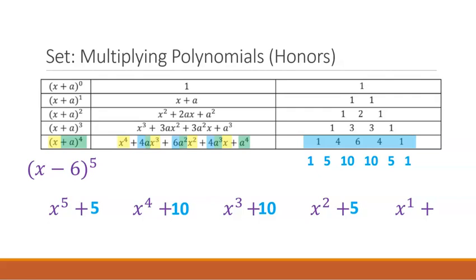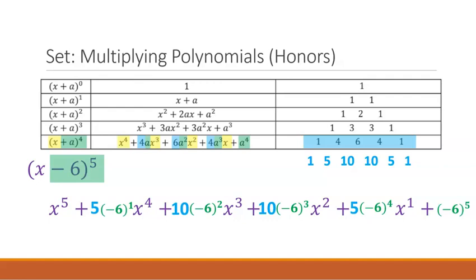Our value for a in this example is a negative 6. In each of the terms, the degrees are increasing by 1, starting with negative 6 to the 0 power, which is not included in the first term since it would just be 1.